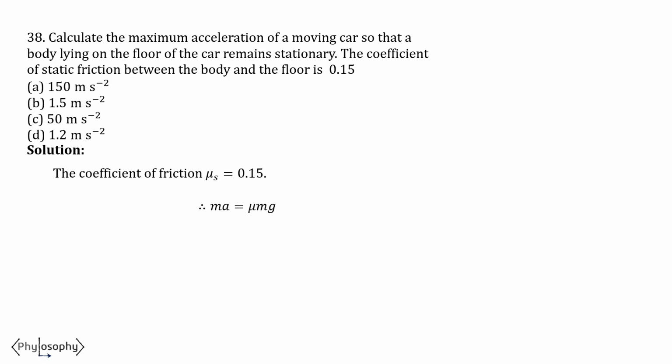Now for the stable equilibrium, the force of friction must be equal to ma, or we can say that ma is equal to mu mg, or a is equal to mu g. Now if you put the values for mu and g, then you will get the acceleration equal to 1.5 meter per second square. Therefore the correct answer is option B.